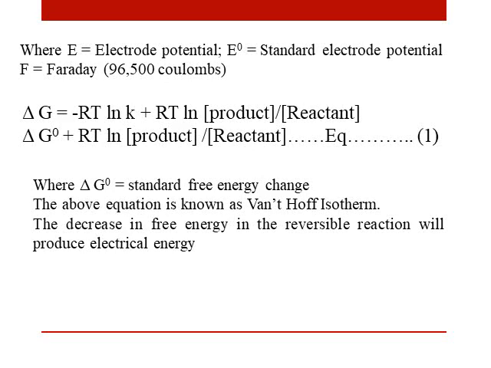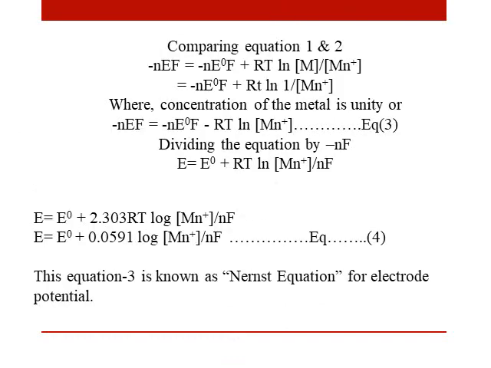This is known as the Van 't Hoff reaction isotherm, and the decrease in free energy in reversible reactions produces electrical energy. Now comparing equations 1 and 2, delta G value is minus NFE and delta G naught is minus NFE naught.